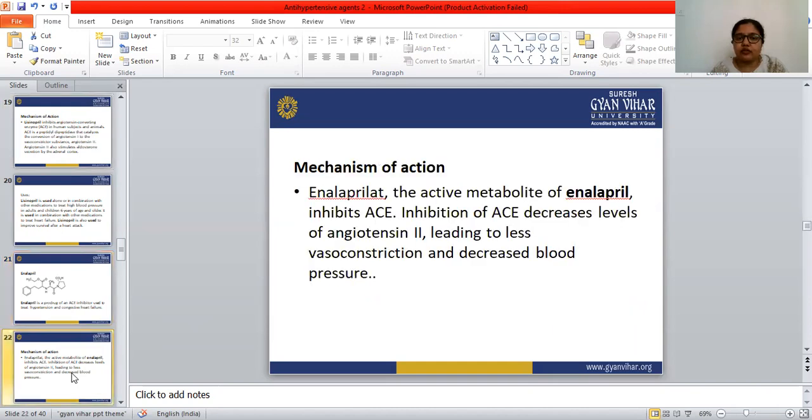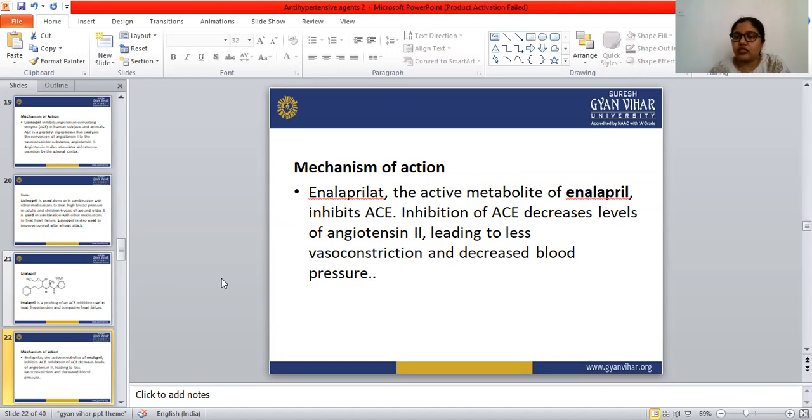Let's see the mechanism of action. Enalaprilat, the active metabolite of enalapril, inhibits the ACE. Enalapril is a prodrug.